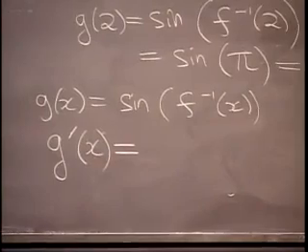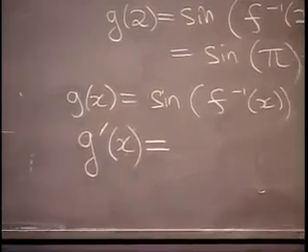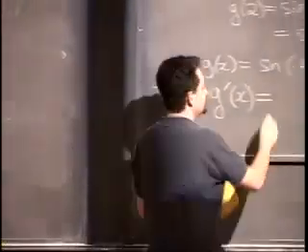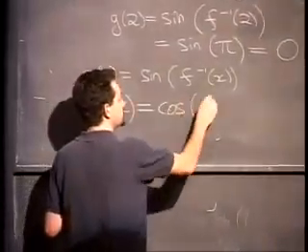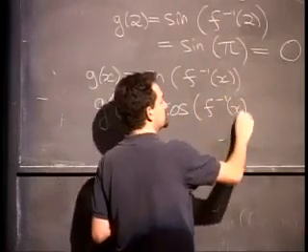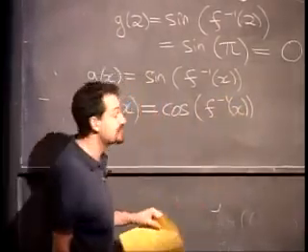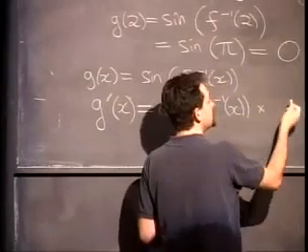Can anyone shout out what rule it is? The chain rule. We're dealing with a composition. It's sine of f inverse of x. So what's the derivative of sine of something? Cosine of that something. But then you have to compensate for the fact that the something isn't just x by multiplying by the derivative of it.